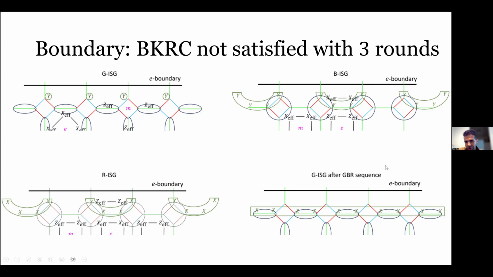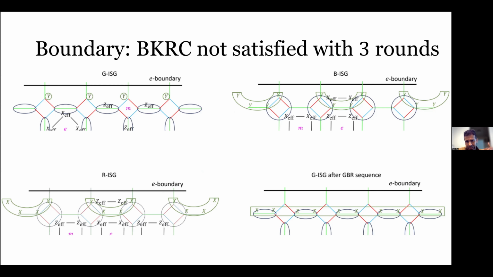So in order to avoid that, in order to satisfy this bond kernel rank condition, which is not satisfied with this 3 round schedule, we use that rewinding 6 round schedule. So this is a way in which our fault tolerance conditions show up when we try to deal with fabrication defects and boundaries, domains, all kinds of things.